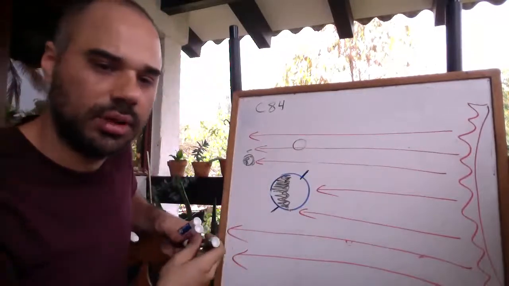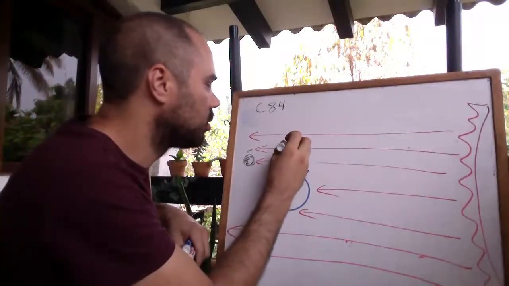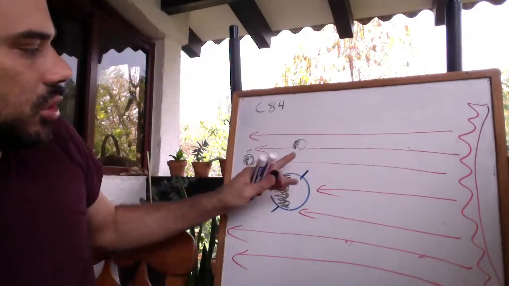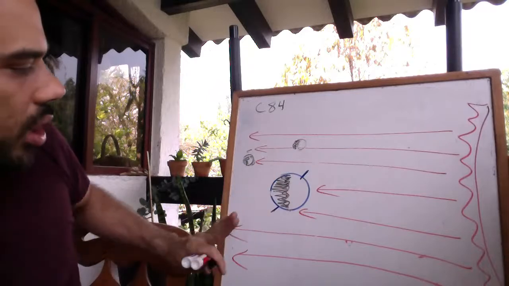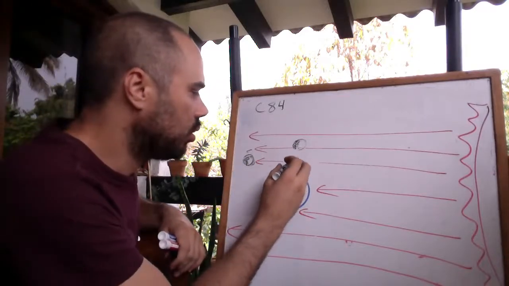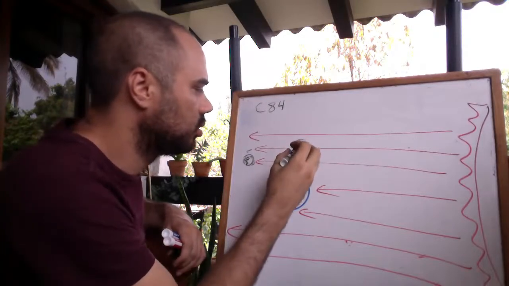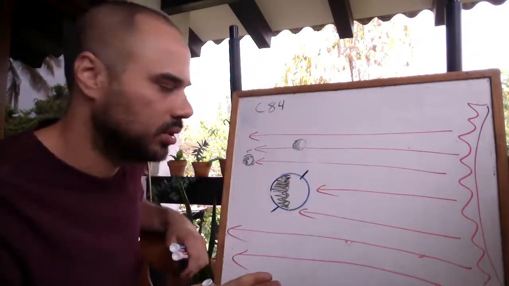When the moon is in this direction, wherever you are, you can only see the moon like this. This is why we have a half moon sometimes.